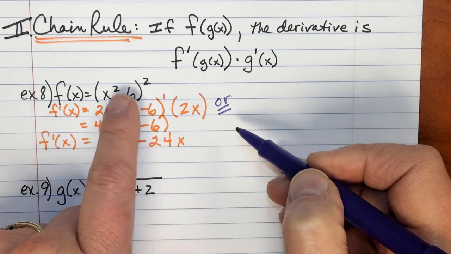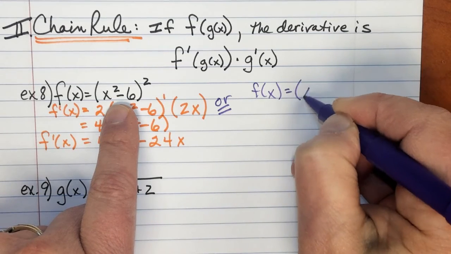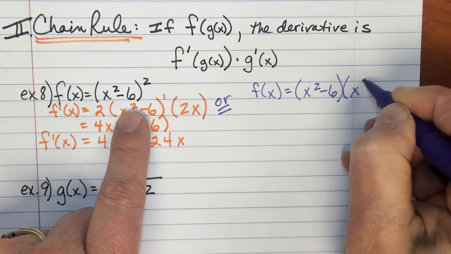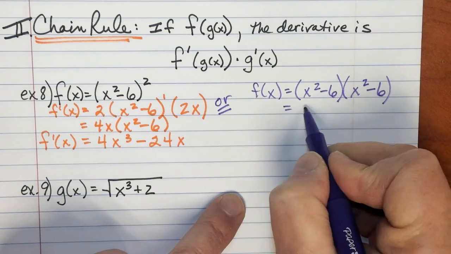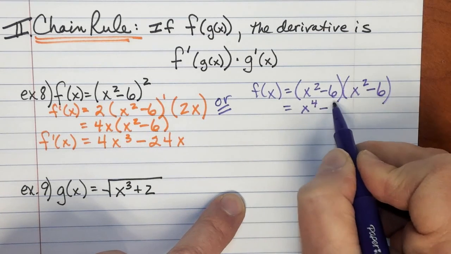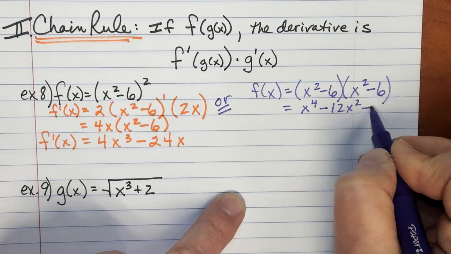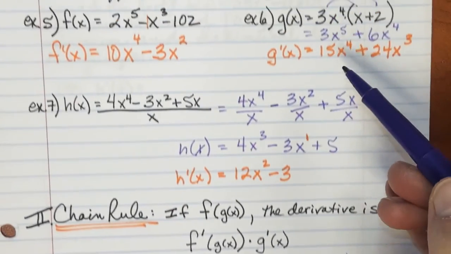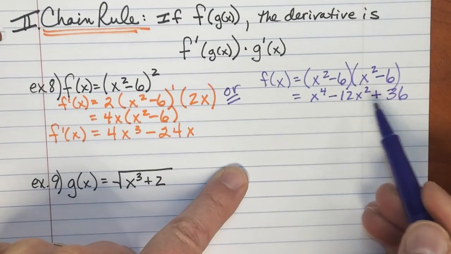So I want you to think about this for a minute. If you have this function of x squared minus 6 quantity squared, you can write it like this. And you can actually FOIL that out. X to the 4th. My middle term would be a negative 12x squared. My last term would be a positive 36. And then, applying your property of sum and differences, you would just take the derivative of each term.